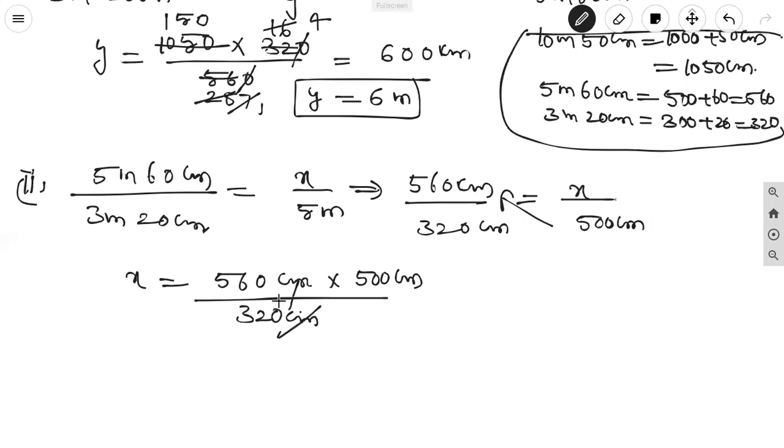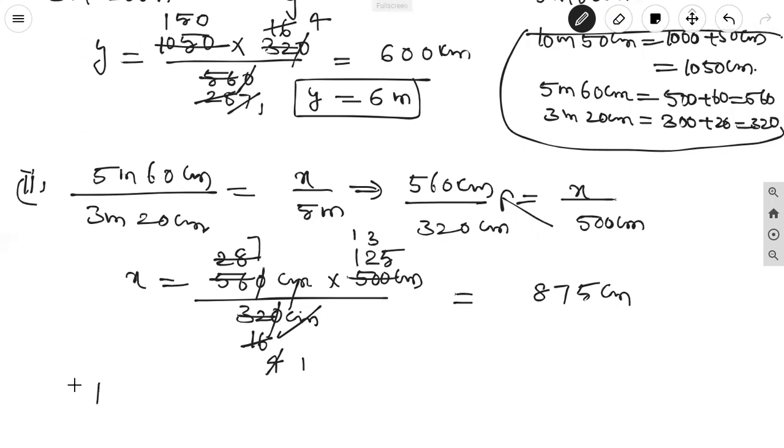Centimeter, centimeter cancel, 0, 0 cancel. Here 2 28s are, 2 16s are, 4 4s are, 4 7s are, 8, 4 5s are 20, 7 5s are 35, 7 2s are 14 plus 3, 17, 7 1s are 7, 875 centimeter.